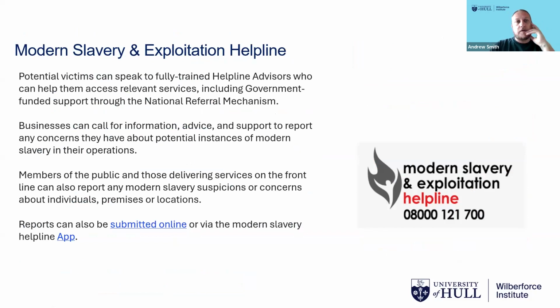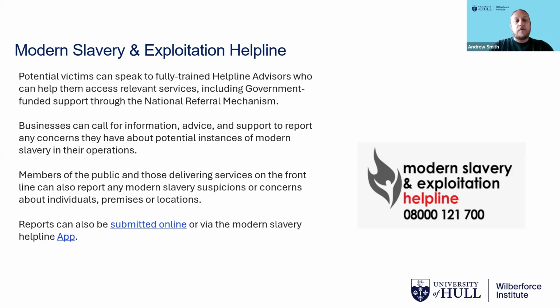I know we've got a mixed audience, but one of the things I wanted to mention was the Modern Slavery and Exploitation Helpline. This is a very good resource for everybody, for professionals, for the public, for businesses. Also victims themselves can ring and get in touch with the Modern Slavery Helpline and get advice from trained advisors.